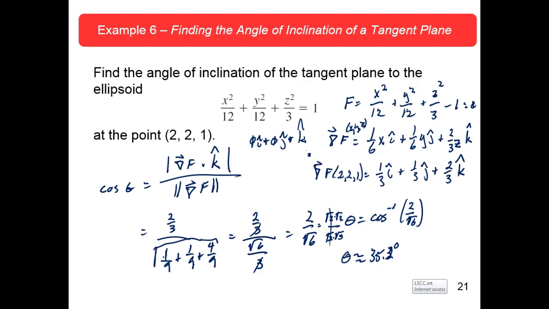We want the angle in between those two, and that makes it look like a much smaller angle than 35.3 degrees, but it's just because you don't have the perspective you need there. But remember, that angle is always between 0 and 90 degrees, or 0 and pi halves.